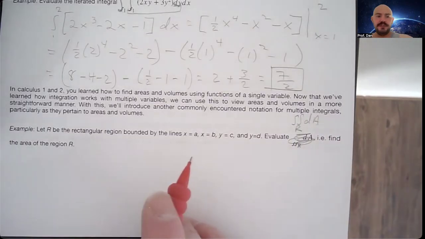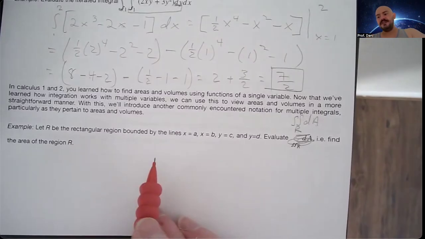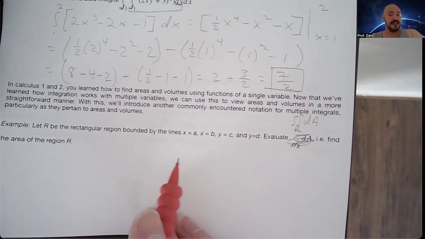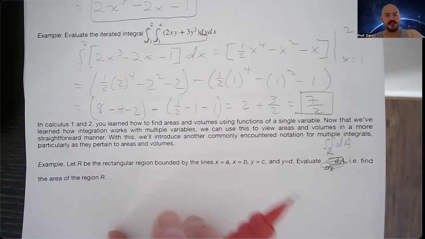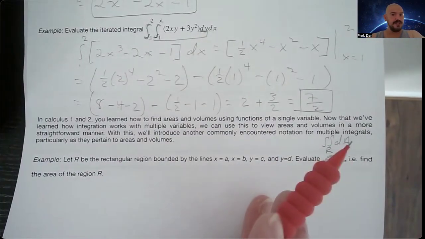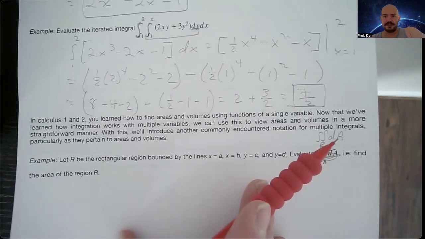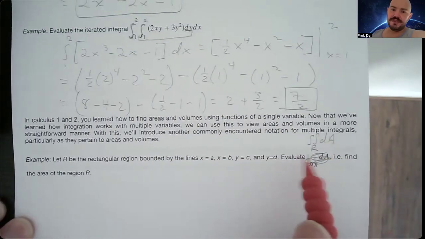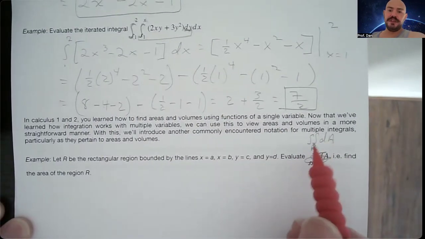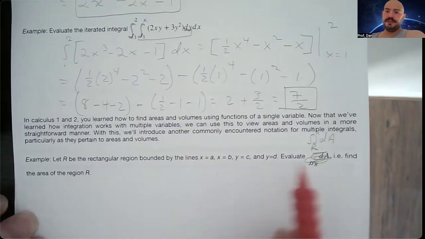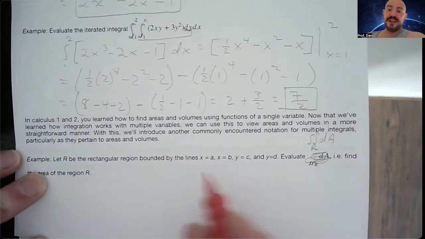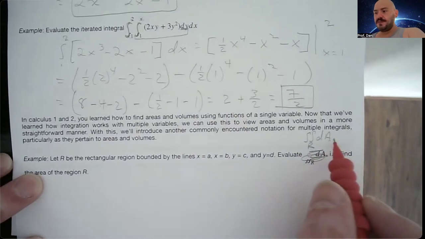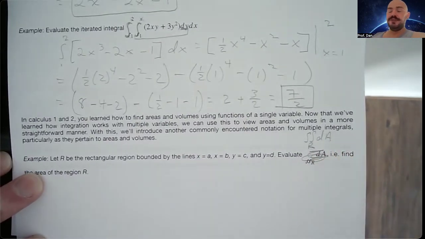So the first example we're going to see is finding the area of a rectangular region. And we know what that is. It's just the base times the height, right? But this is to illustrate how we can use double integrals to do that, right? Essentially, this notation tells me the region that I'm integrating over, which I can translate into bounds by looking at the description. dA is a shorthand for me to write dx dy or dy dx.